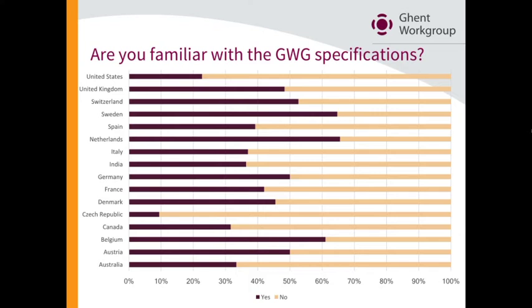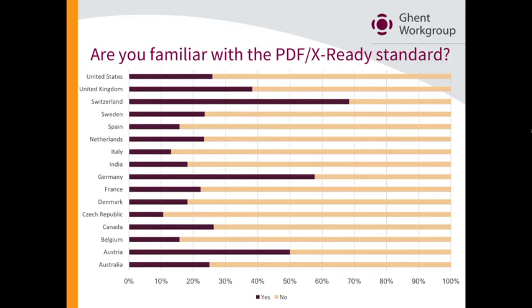Where is the name Ghent Workgroup the best known? Well, Belgium, Netherlands, France, Germany, Sweden, Switzerland, United Kingdom. That is where this started. And in the US, for example, PDFX is much better known than the Ghent Workgroup specs by themselves. So no real surprises. This is why I started doing these slides.